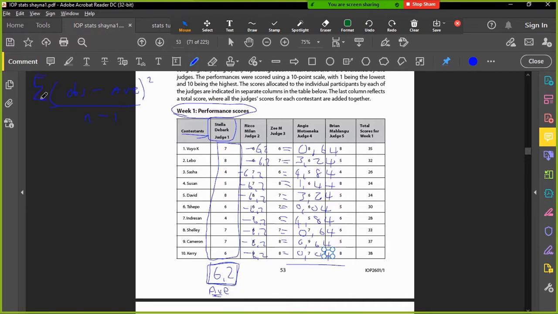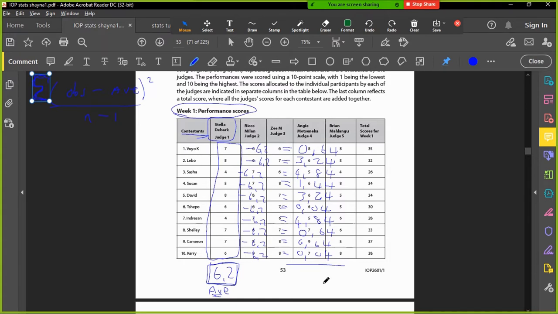It says summation. Summation means add up everything. So 0.64 plus 3.24 plus 4.84 plus 1.44 plus 3.24 plus 0.04 plus 4.84 plus 0.64 plus 0.64 plus 0.04 equals.